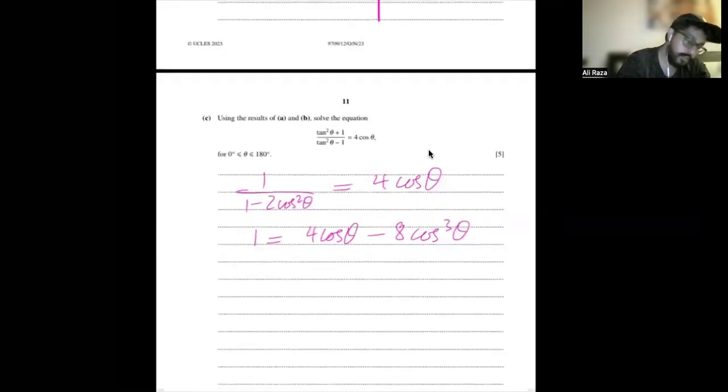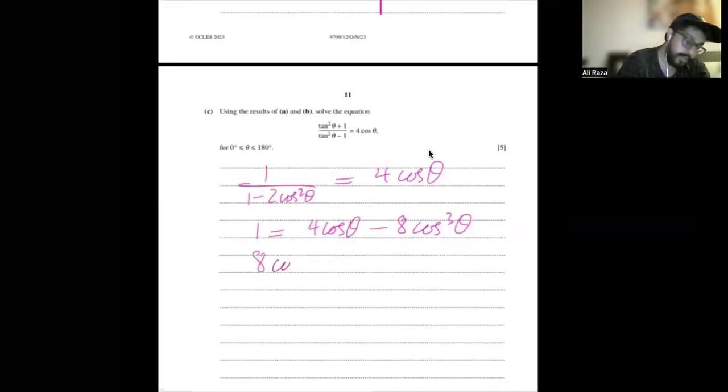One is equal to 4 cos theta minus 8 cos cube theta. When we bring all the terms on the same side, we get 8 cos cube theta minus 4 cos theta plus 1 is equal to 0.